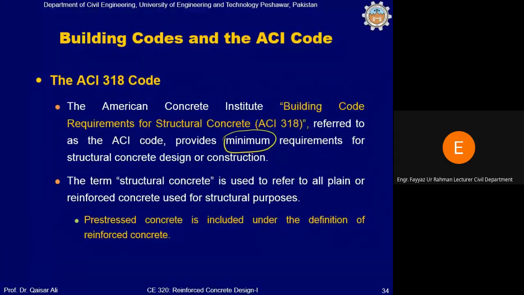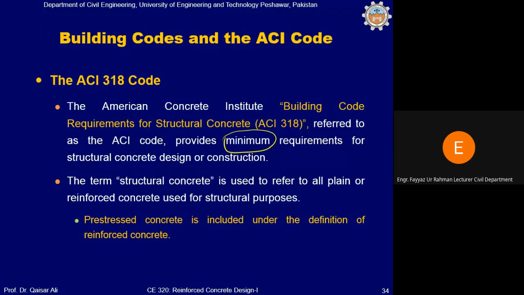You will not provide less than those requirements. You can exceed those requirements because you will never compromise on safety. You can compromise on the economy, but as a structural designer, you can never compromise on safety because finally the whole responsibility will be on your shoulders. Okay?